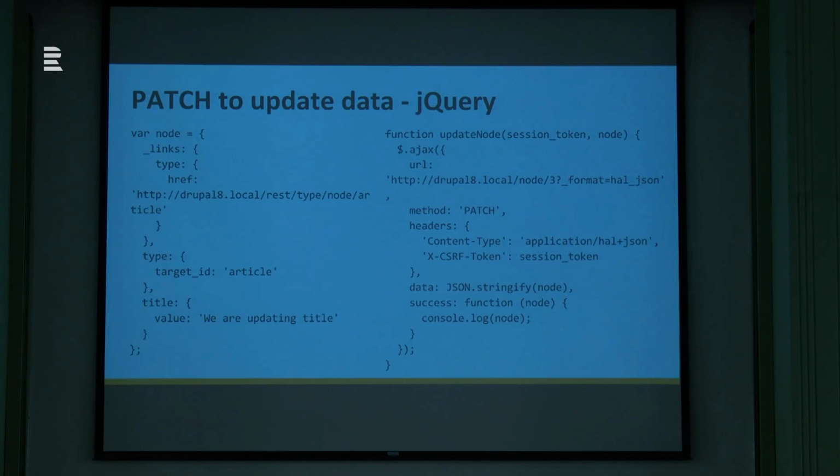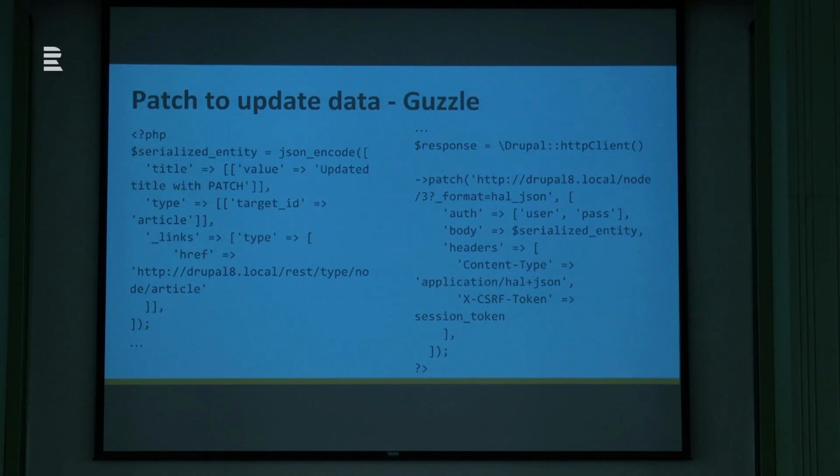So that's why the REST UI makes it much easier for you to enable. Okay. And in Guzzle, you would pass the parameters something like this, and also with the session token there.